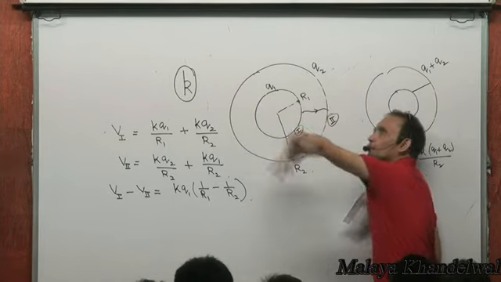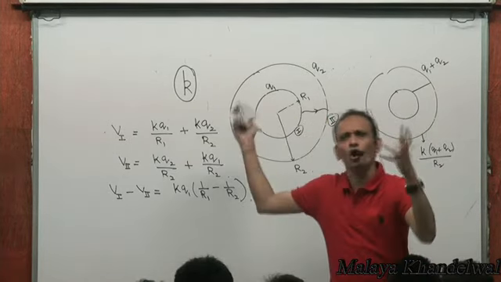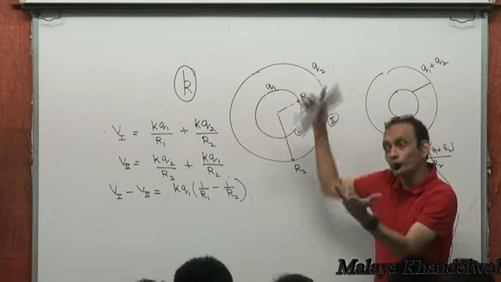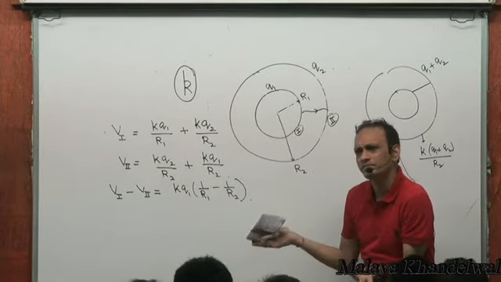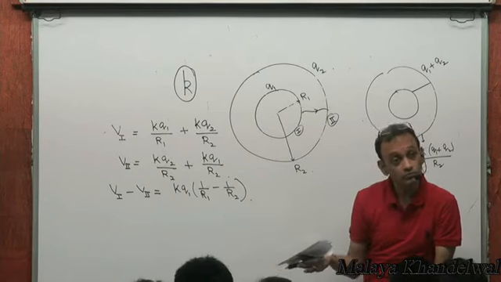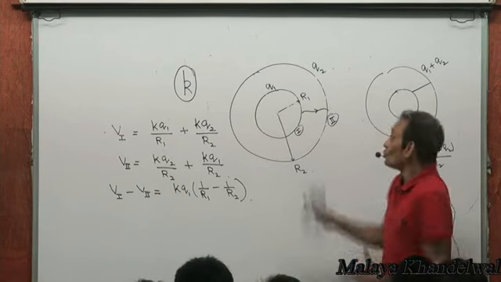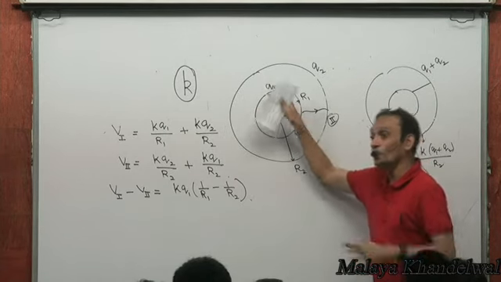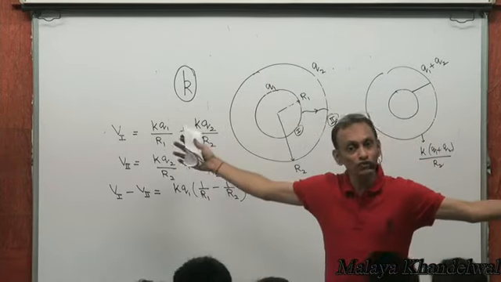The whole thing could be looked upon as one single conductor of an awkward shape. So what? The whole unit could be looked upon as a conductor of an awkward shape. Yes or no? Which means no charge can reside inside the conductor. So if there is this charge q1, it will flow to the outer surface.